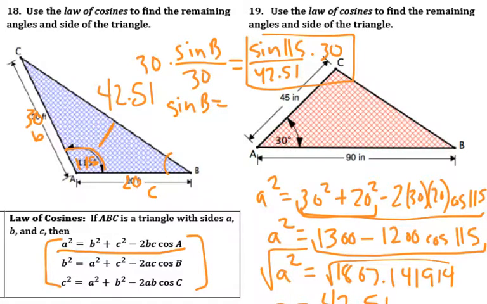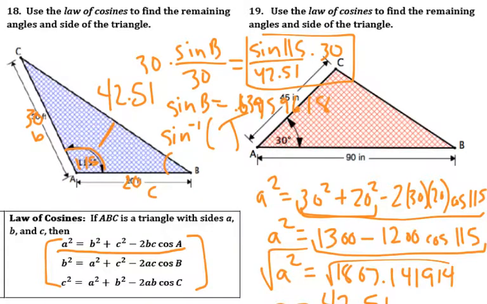So that's the sine of 115 divided by 42.51 times 30. That gives me 0.63959618. Well, now I need to do the inverse sine of that.